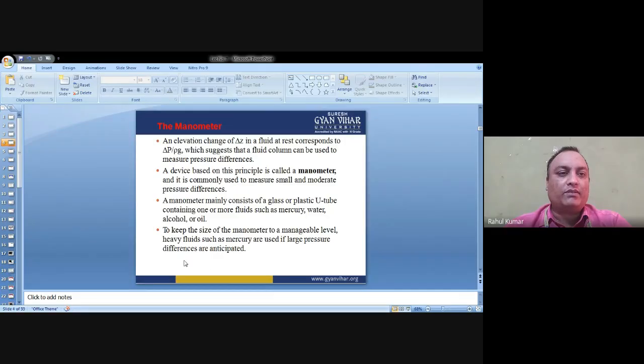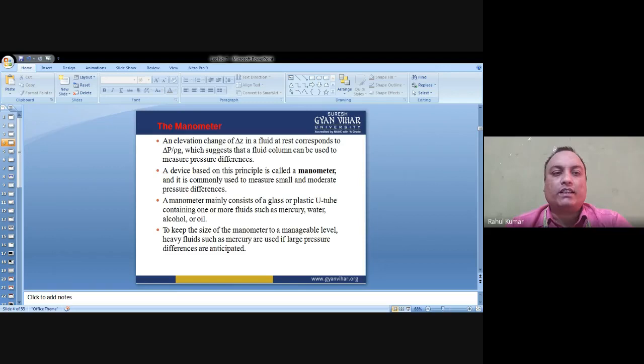What is the meaning of absolute pressure? Absolute pressure is a measurement of pressure with a perfect vacuum as a reference point. This means that the absolute pressure can never be negative.